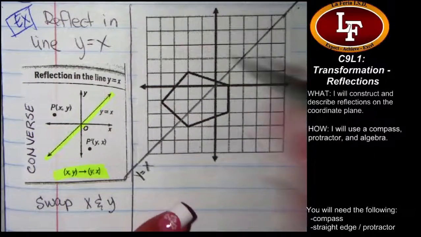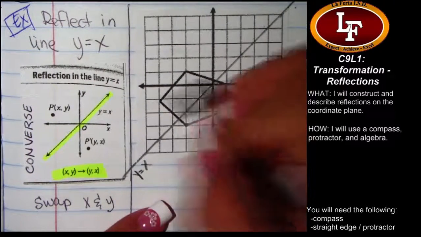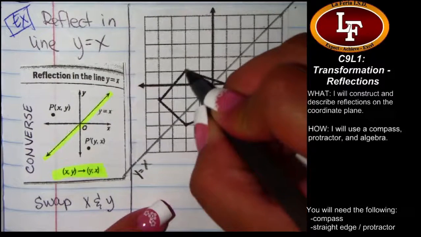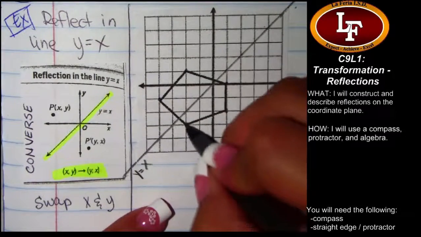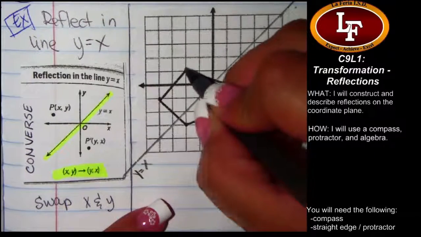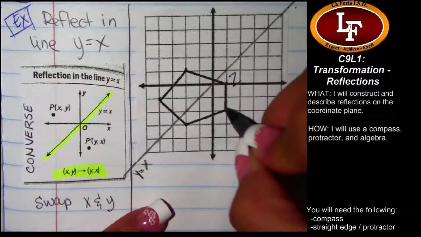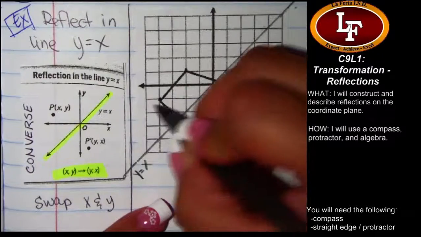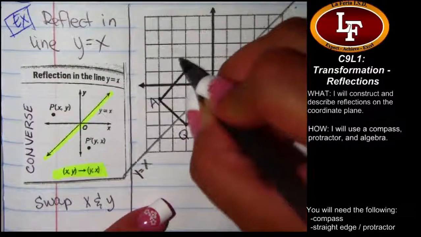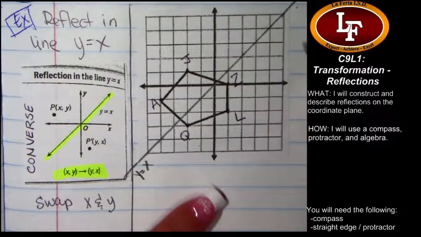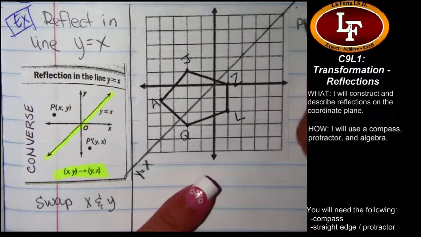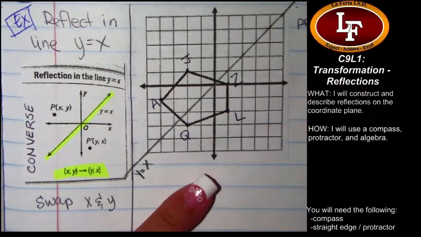All right, I need to label the vertices. May I have the label for these vertices, please? Z, J, Q, A, J, J, L. All right. Like we did before, you want to grab the coordinates for the pre-image.